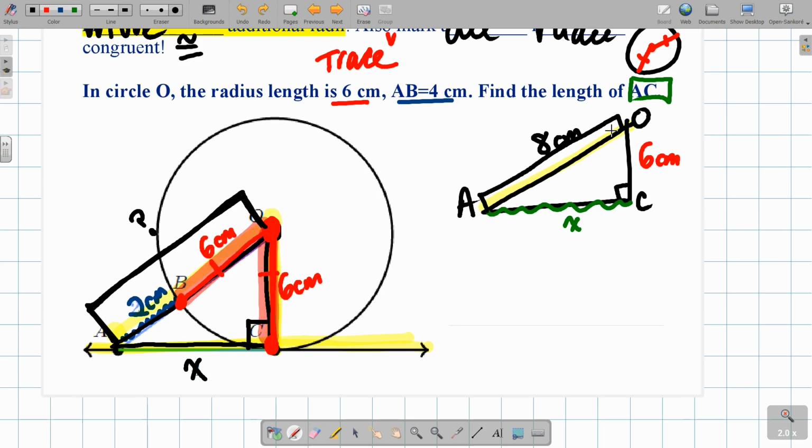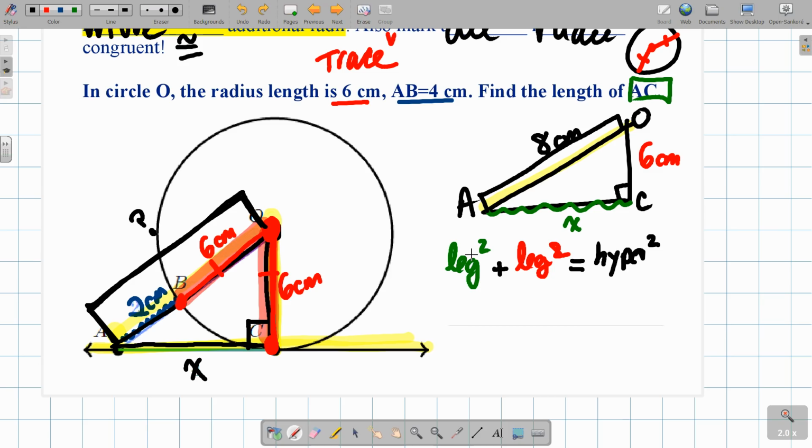We're going to solve for X here. Have 2 sides, need third side. Let's write that out. Let's circle plug chug, folks.